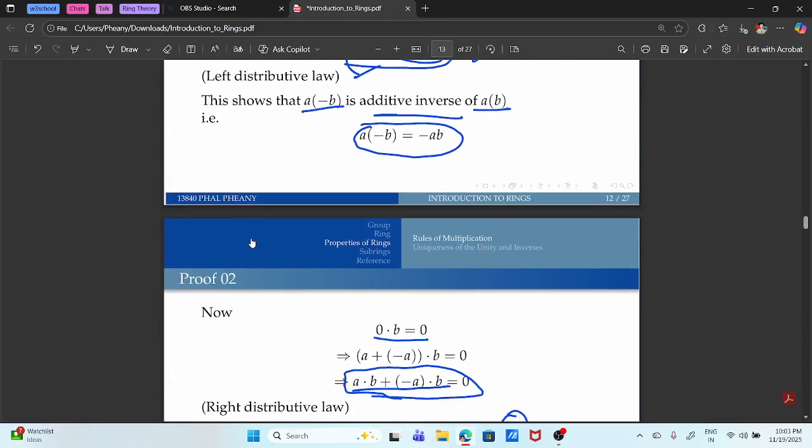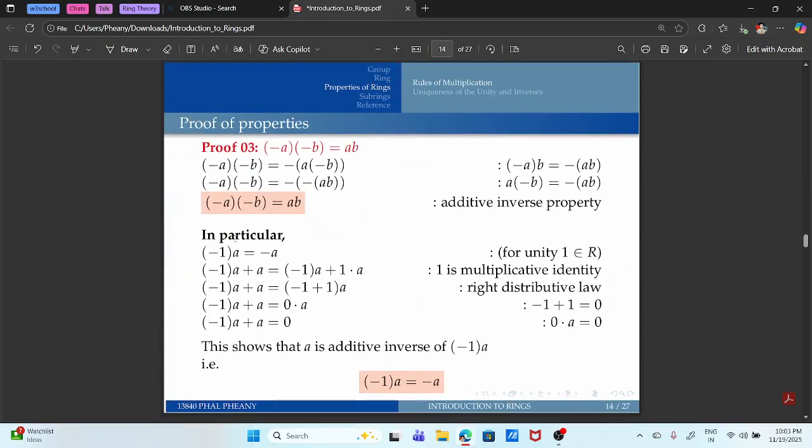Since the proof of property number 3 is related to property number 5, I included the property number 5 proof in here also. So we need to prove minus 1 times a equal to minus a. Okay, how to prove that? Suppose, let's say, minus 1 times a equal to minus a.